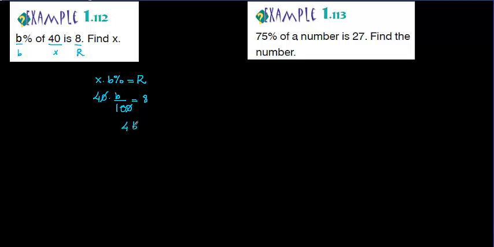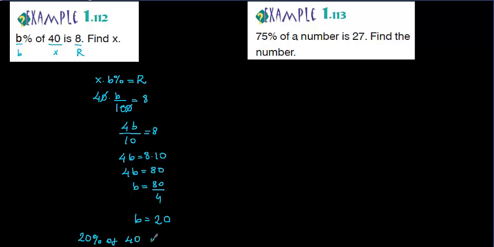So 4b over 10 is equal to 8. 4b is equal to 8 times 10. 4b is equal to 80. b is equal to 80 over 4, which is equal to 20. So which means 20% of 40 is 8.